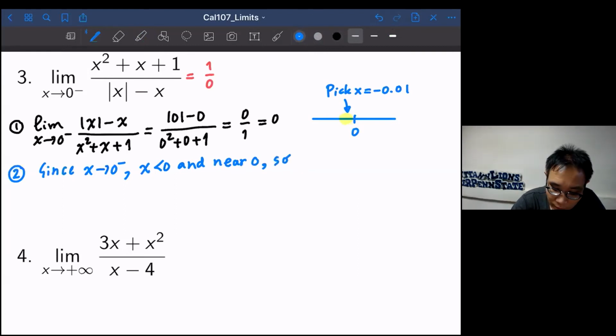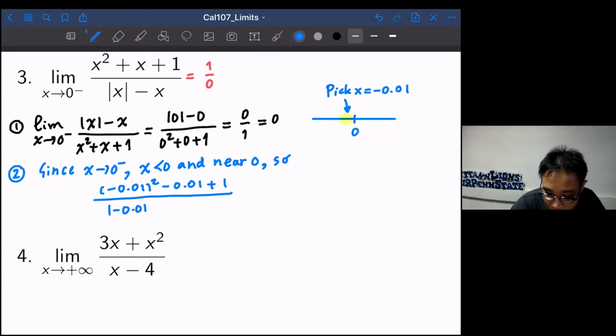So we can plug in, and you get negative 0.01 squared minus 0.01 plus 1 over absolute value of negative 0.01 minus 0.01. And you see that on top, you get a positive sign. On the bottom, you get 0.02. So it's going to become positive.